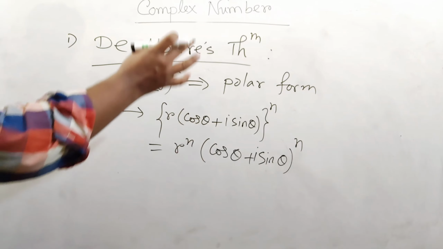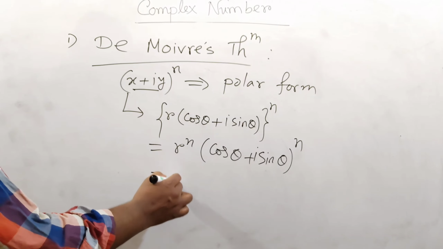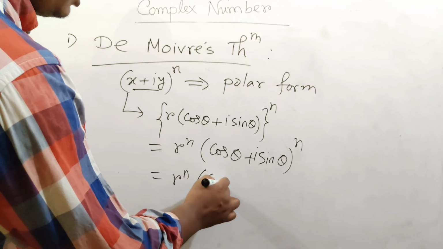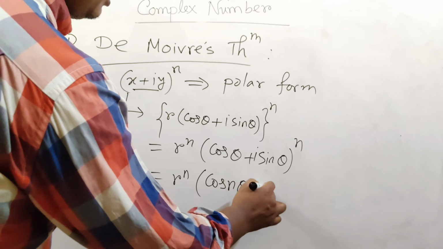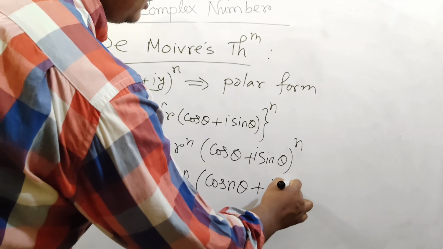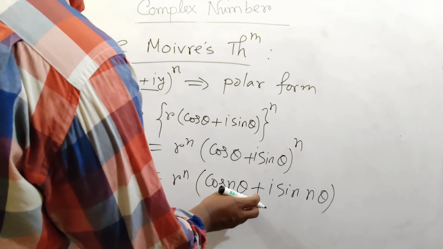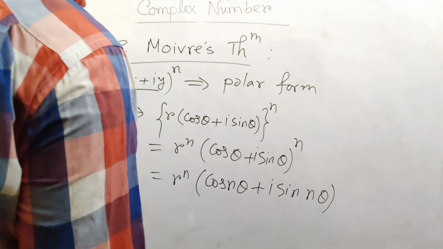Now this is the formula for de Moivre's. Actually, here we use de Moivre's theorem. How? r to the power n, and the formula is cos n theta plus i sin n theta. That means the power should be multiplied with the angle.